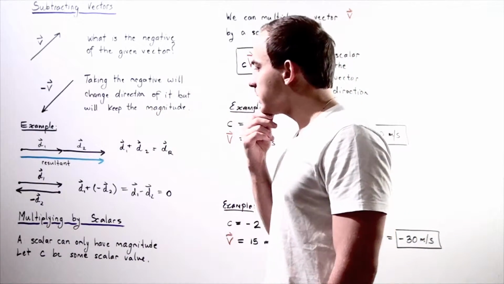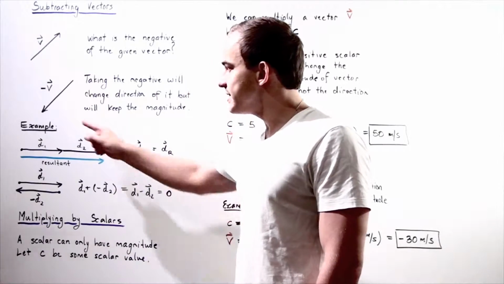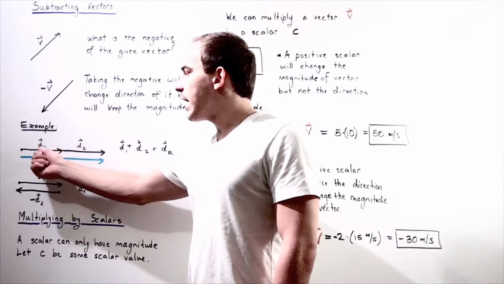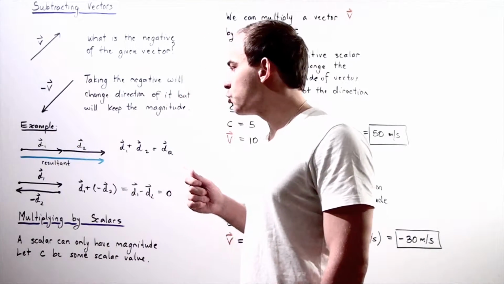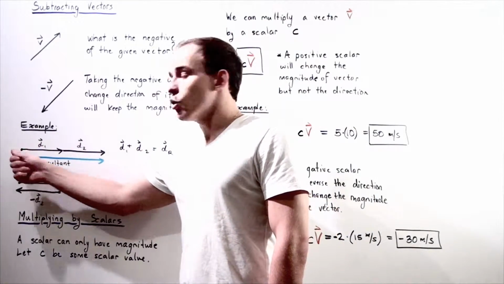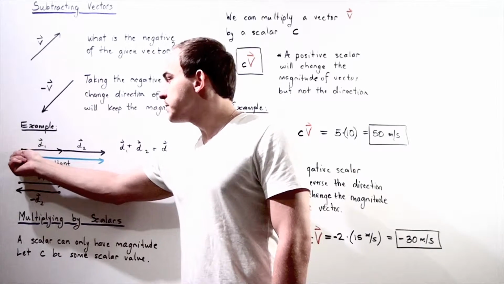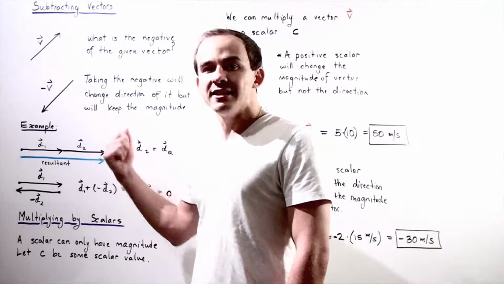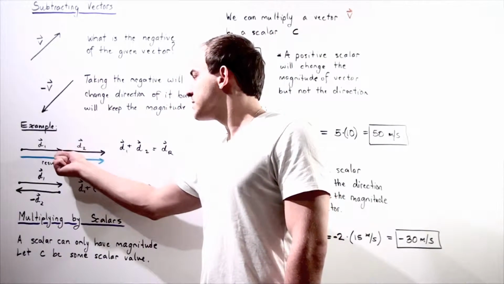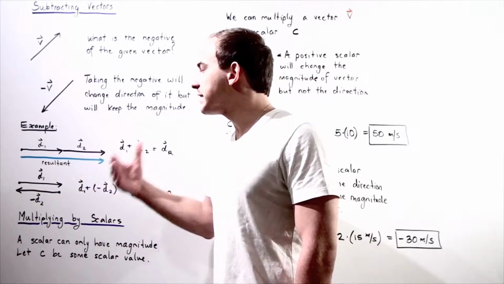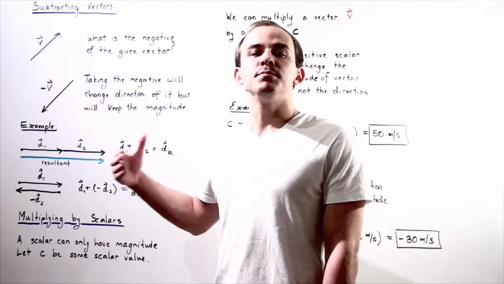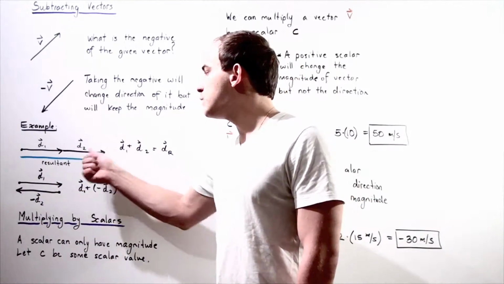So let's look at the following two examples. In example 1, we have our displacement vector d1 and displacement vector d2. Let's suppose an object displaces from this position to this position and then displaces from the second position to the final position. What is our resultant displacement vector of these two vectors?